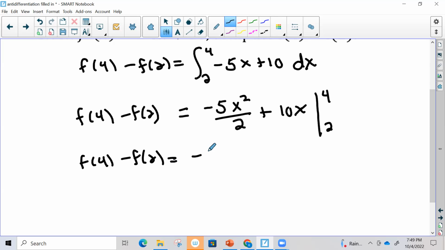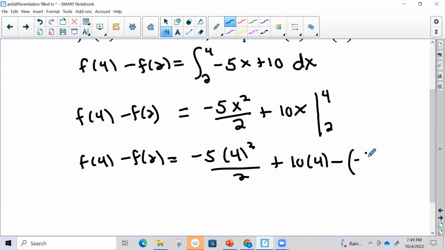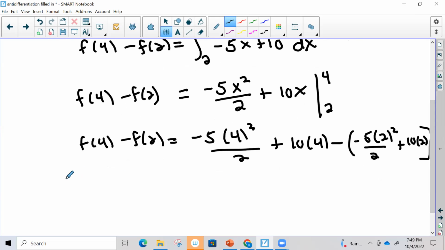Okay, and then I plug in my upper bound to all of the terms. And then subtract, I plug in the lower bound, all the terms. Again, make sure you have parentheses or change the sign because you're subtracting both of these terms. And then from there, it's pretty much just simplifying.